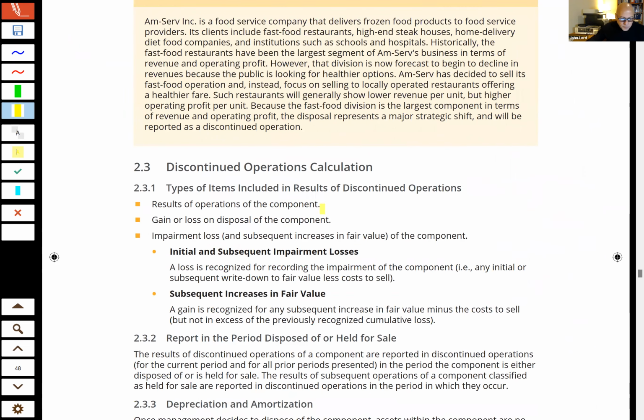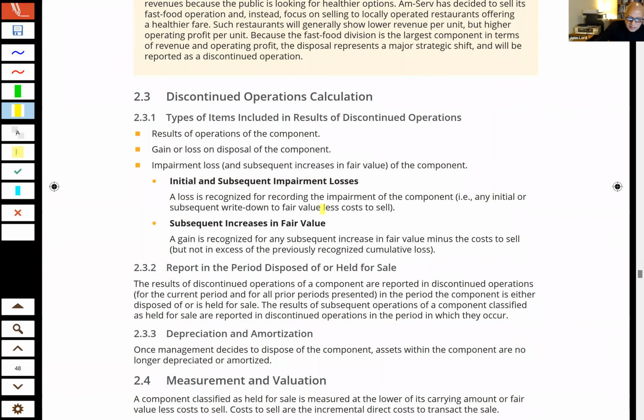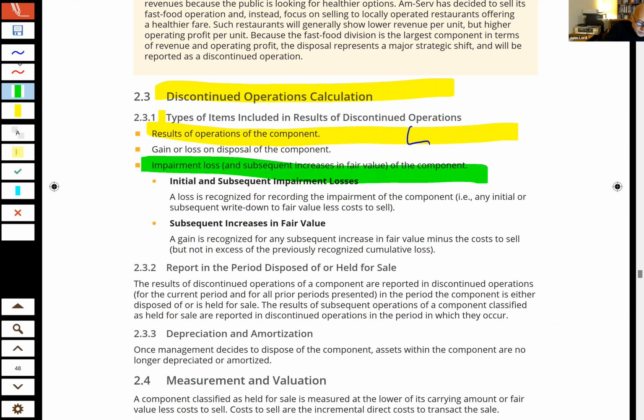Now they ask, what should be included in the discontinued operations calculation? And you already know this, which is what? The results of the operation of the component. That's the L in LID, the loss from operation. The impairment loss, that's going to be the I in LID.